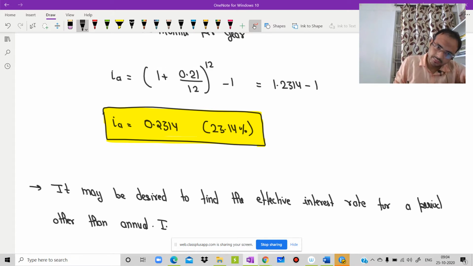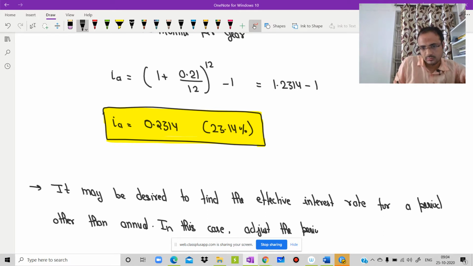So in this case, adjust the period for R and M as needed.